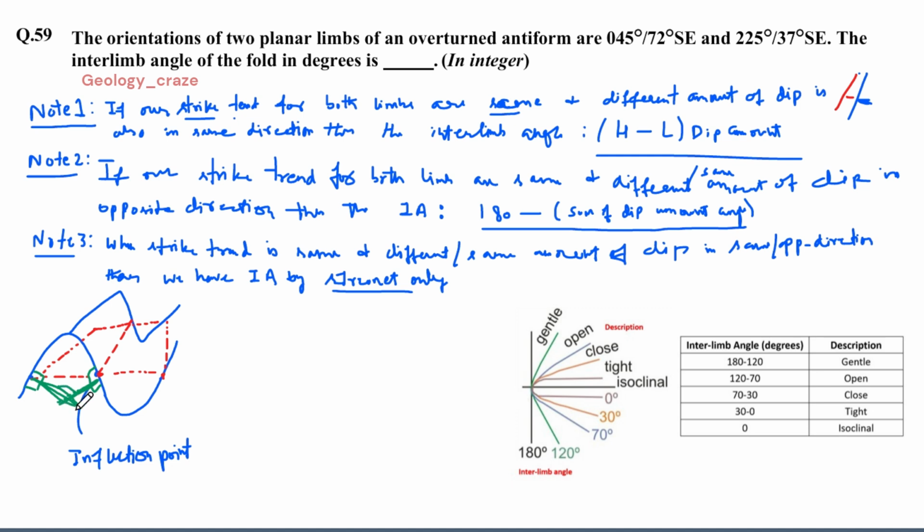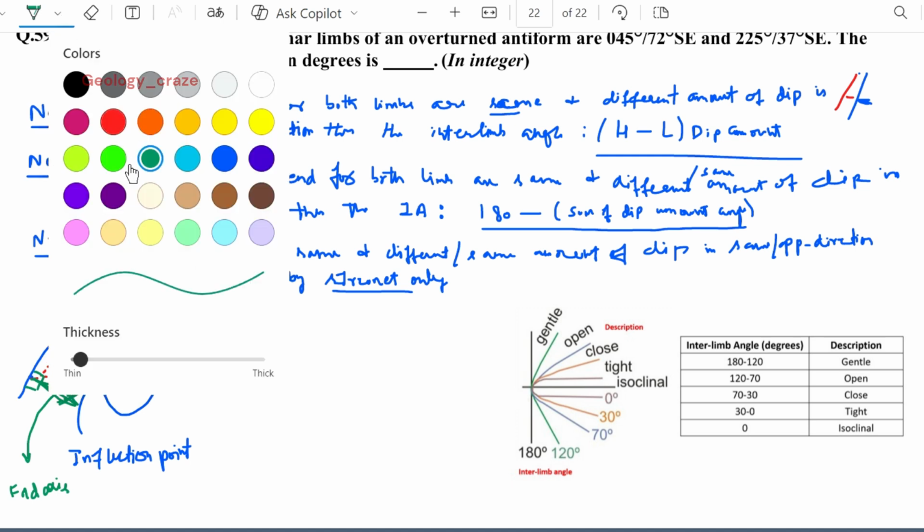We are getting one angle in between. We call this angle a fold angle, not an interlimb angle. Fold angle. I will tell you what is interlimb angle. So next step is, what is interlimb angle then? I will use another color.